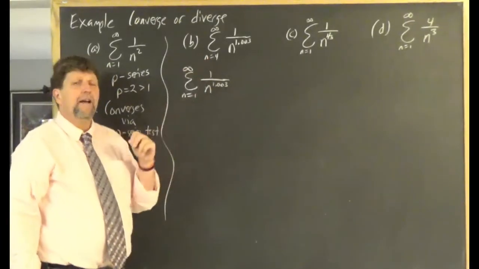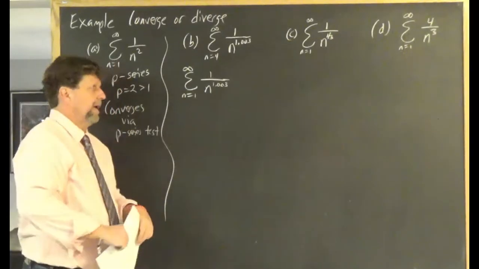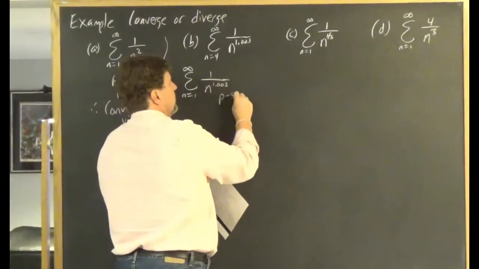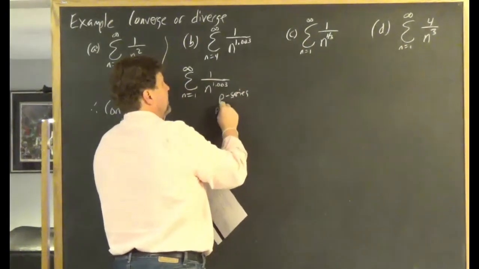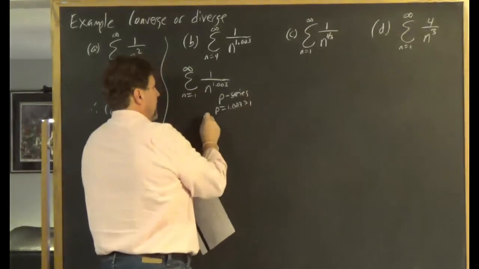This has a starting value at 4. So here's what's really important about this. By the way, you know this is a p-series. You know p is 1.003, which is greater than 1.